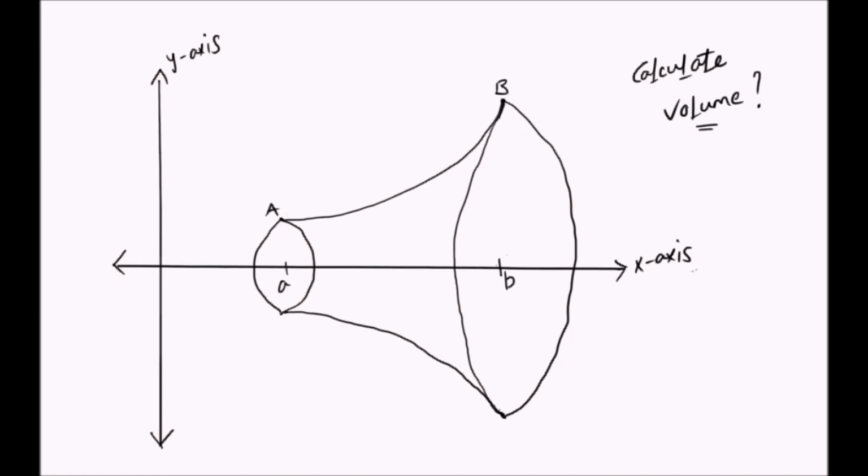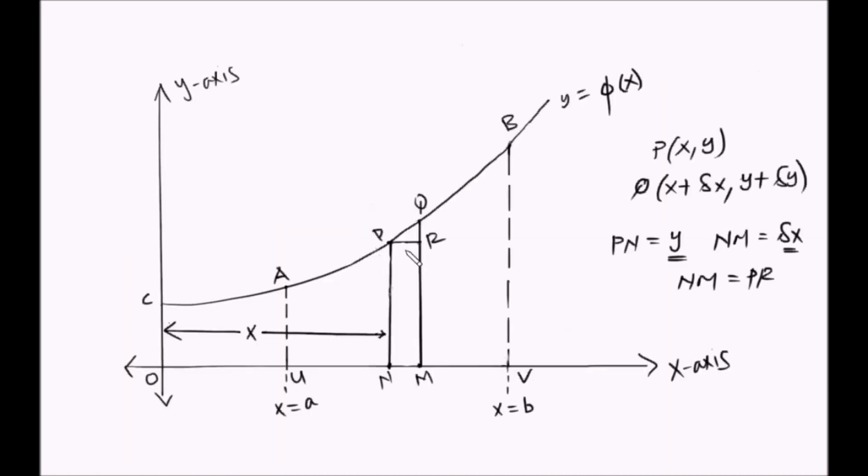This time, I want to rotate this region PNMQ. First I divide it into many rectangles like this, and then I rotate this region PNMQ about the x-axis, like I rotated the curve. But I also rotate this rectangle PNMR about the x-axis like I rotated that curve.